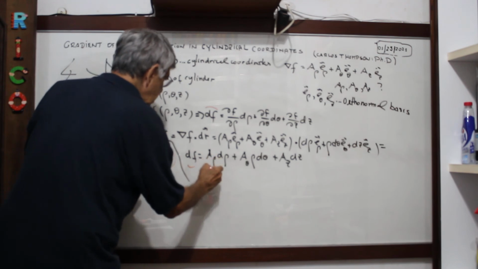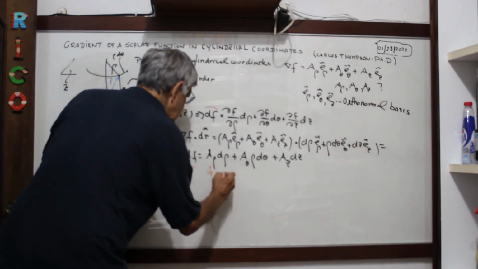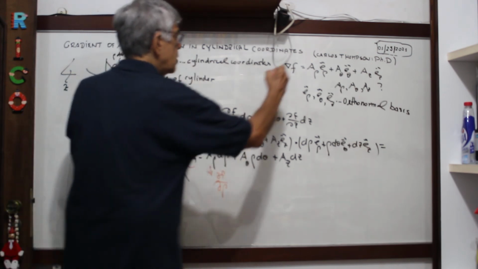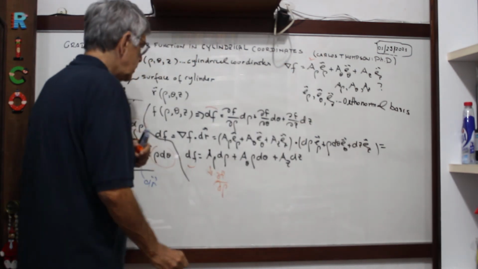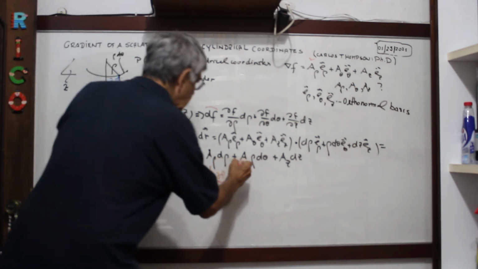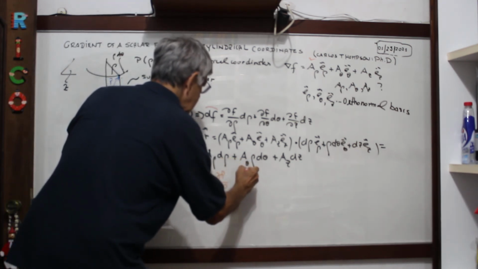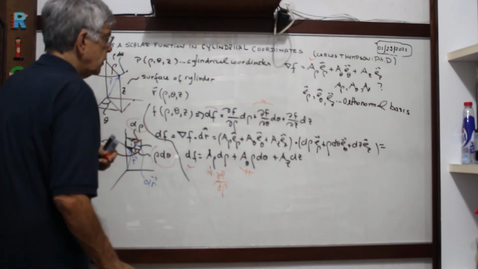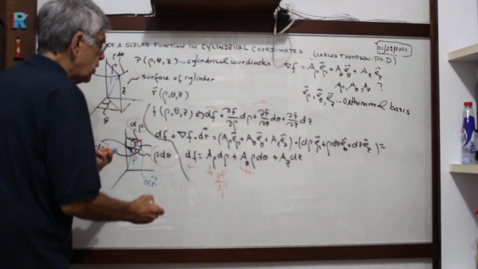Now I can compare. a rho is the partial of f with respect to rho. This one is equal to the partial derivative of f with respect to theta.